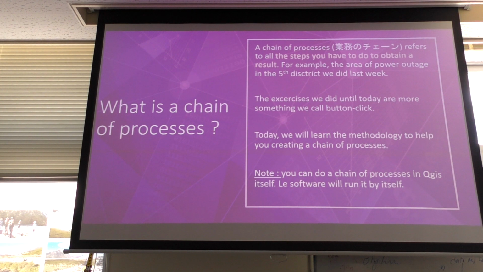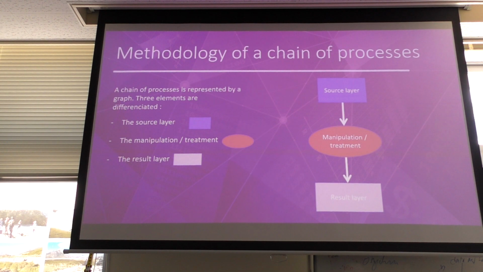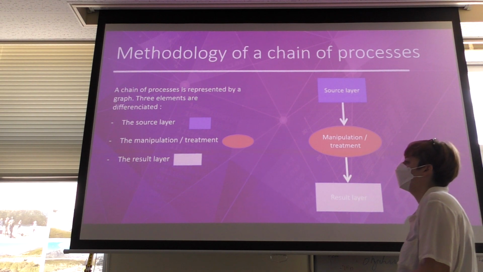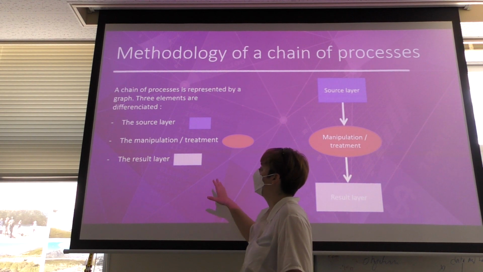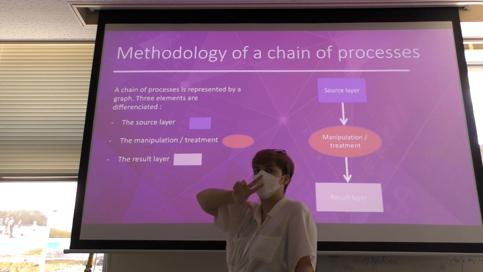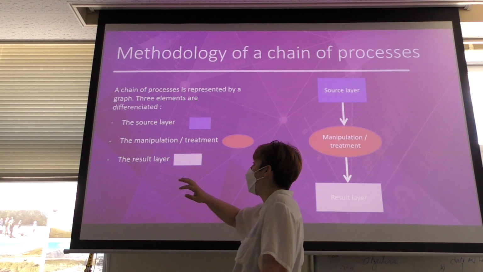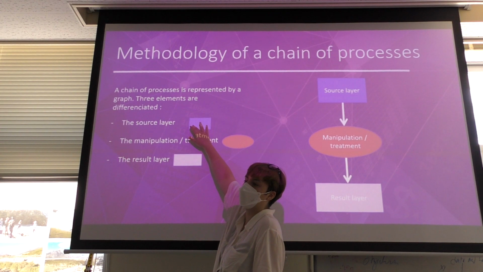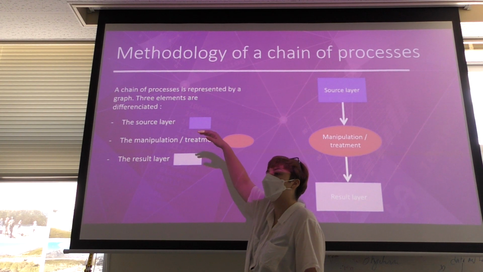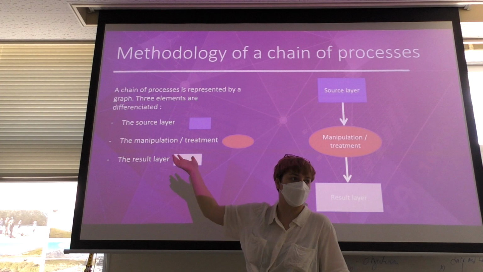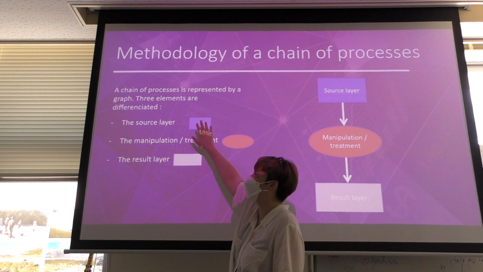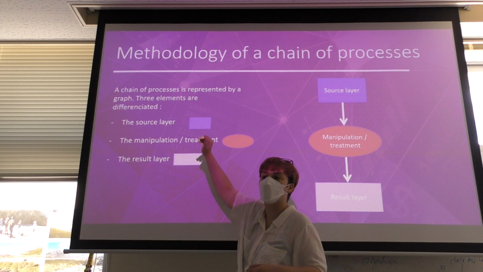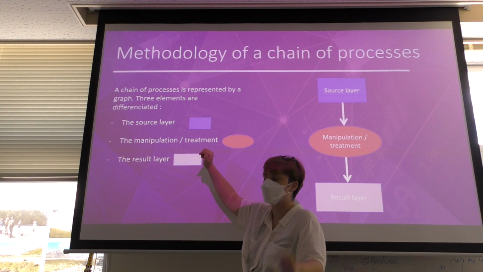So how does it look? When I explain it to my students in France, this is what a chain of processes may look like, okay? When you do it by yourself, you have to differentiate three elements, which are really important. You have the source layer. For example, you have the flood layer, the Paris district layers. It's a source layer because I gave it to you or you downloaded it, okay?